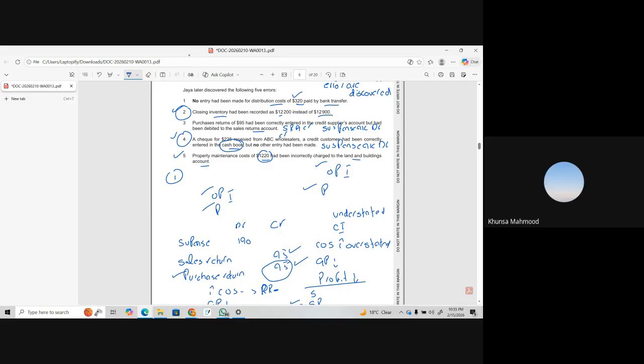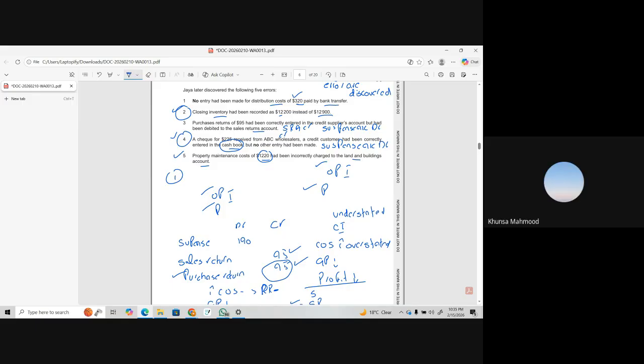Okay. Next one is property maintenance cost of 1220 had been incorrectly charged to land and buildings. So then what will happen? This is also part of the financial statement.